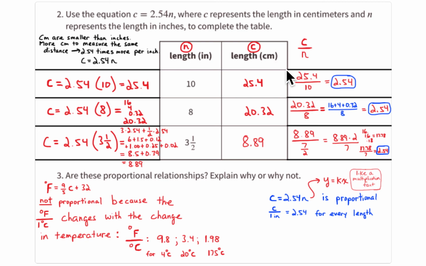But the conversion of inches to centimeters is a proportional relationship. Every single time you get an answer that the number of centimeters per 1 inch is always 2 54 hundredths. That's what this tells you. So this is constant. It's a constant amount. So it is proportional. If you double the number of inches, you're going to double the number of centimeters.